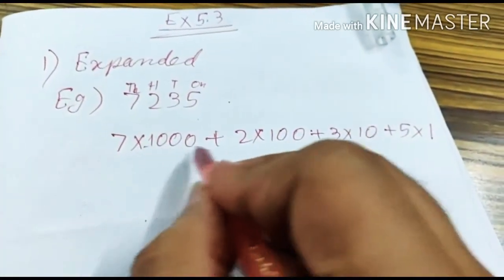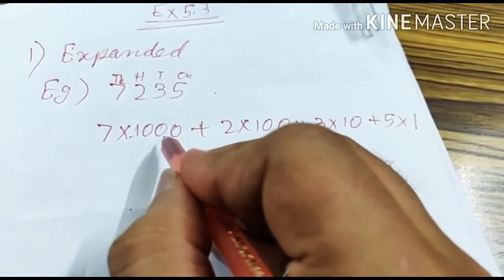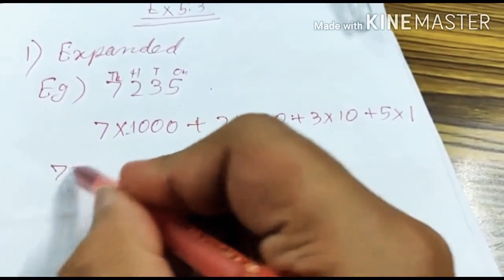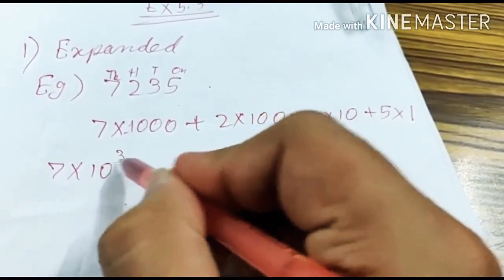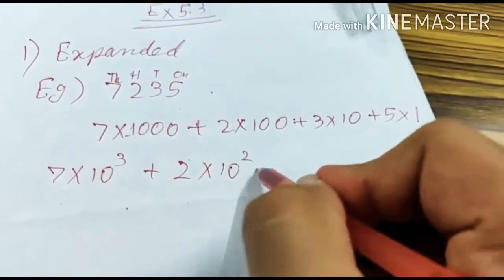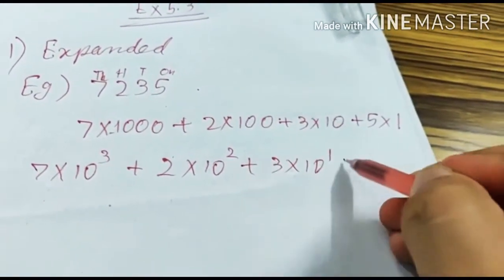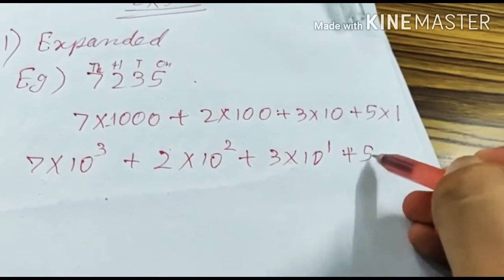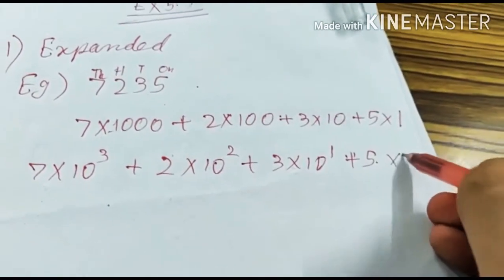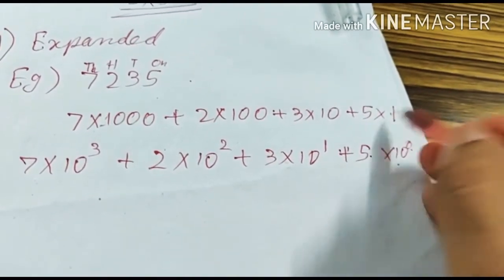Here this thousand has 3 zeros, so it means 7 into 10 to the power 3 plus 2 into 10 to the power 2 plus 3 into 10 to the power 1 plus 5 into 10 to the power 0. Something to the power 0 is always 1.